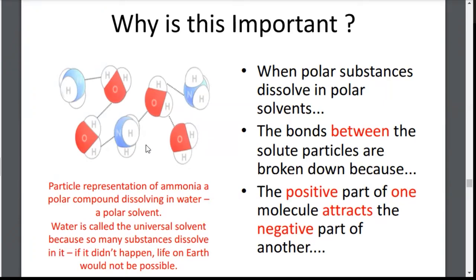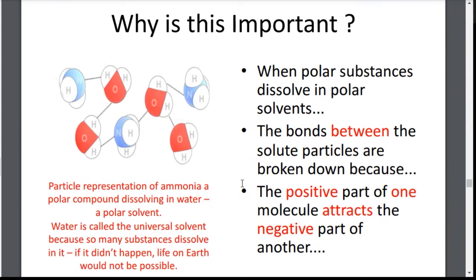When polar substances dissolve in polar solvents, mainly water, the bonds between the solute particles, that's the thing that's being dissolved, are broken down because the positive part of one molecule attracts the negative part of another.